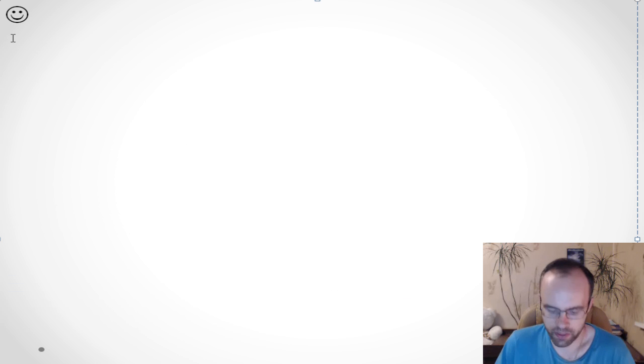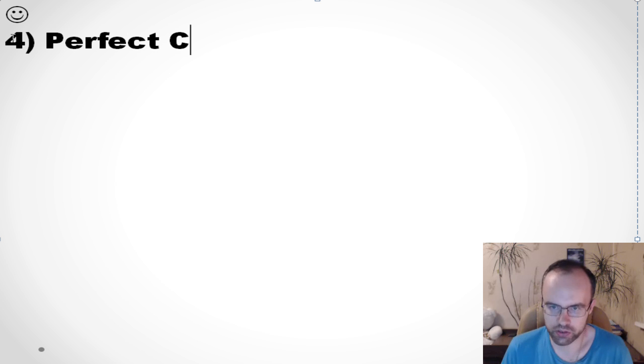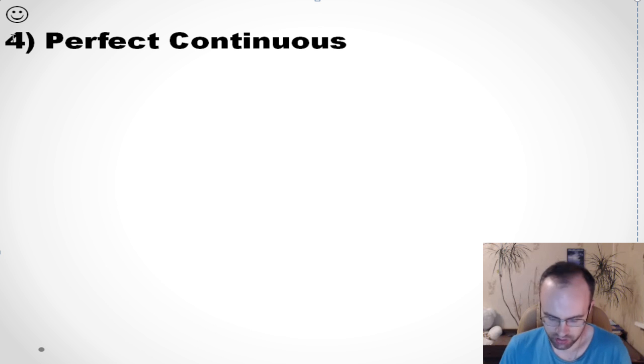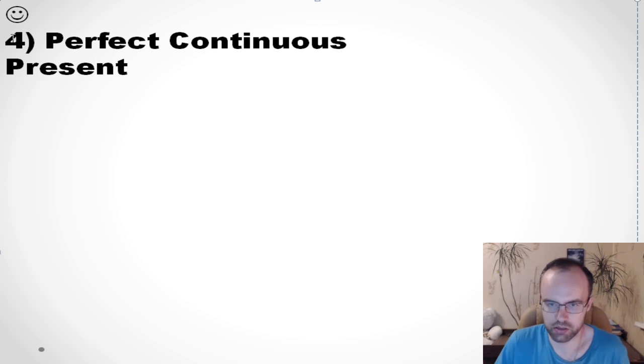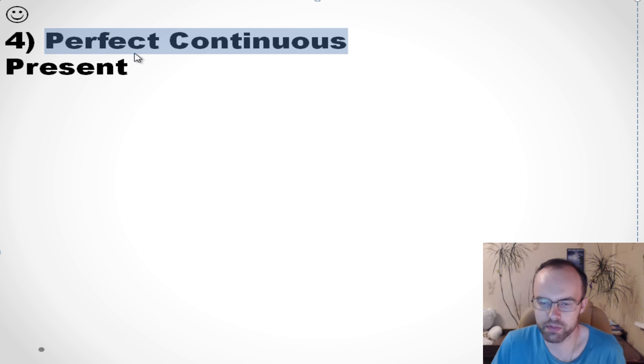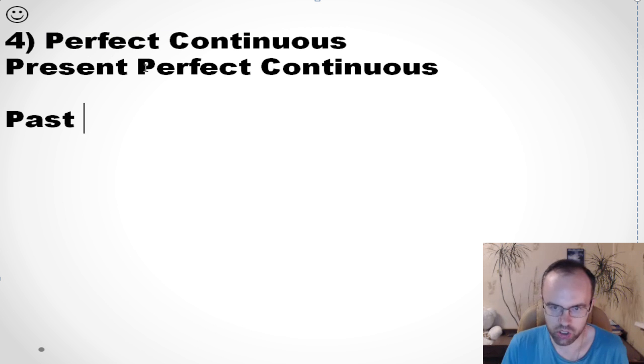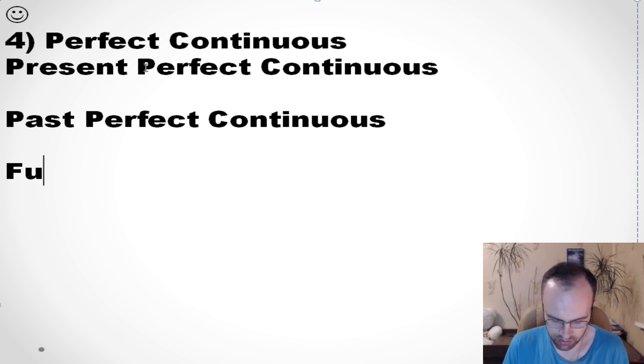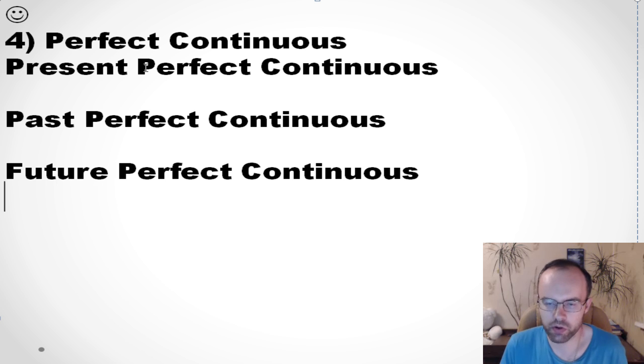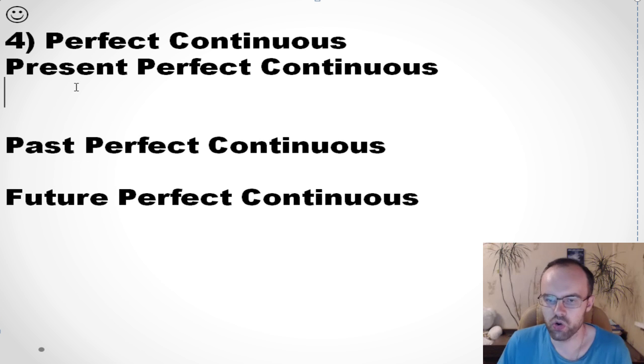And so there is one more group. It's the most difficult group, I would say. So it's present perfect continuous, past perfect continuous and future perfect continuous, okay? Really, it's quite difficult. So present perfect continuous.